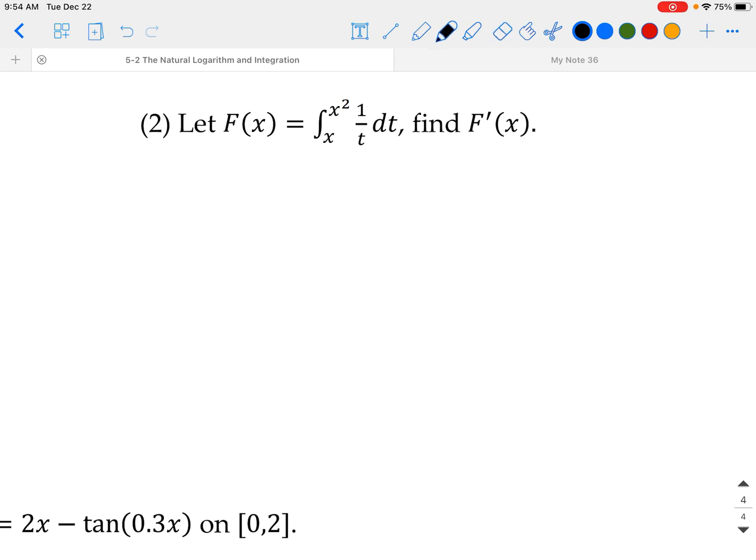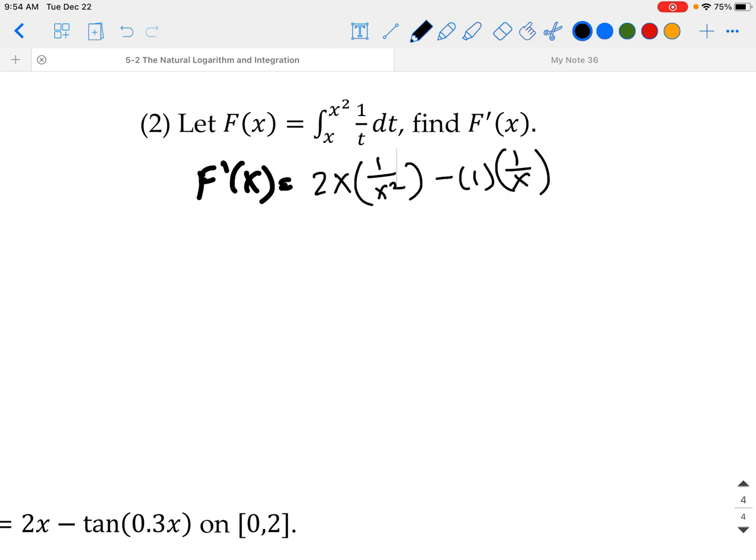So f prime of x can simply be written as 2x, and then the derivative of our antiderivative is just going to be 1 over that function value, so 1 over x squared, minus 1, the derivative of x, times 1 over x.